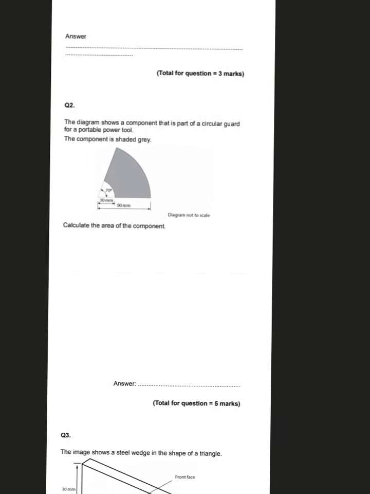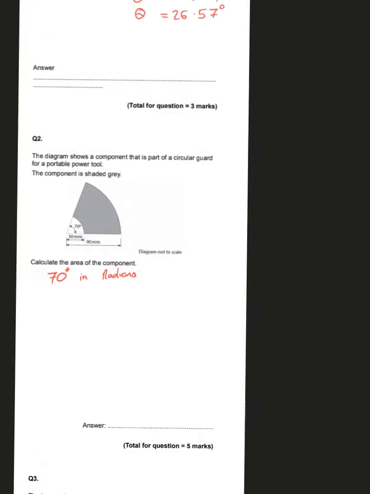First of all, let's get this angle into radians. So 70 degrees in radians. And even if you don't memorize the formula, so it can be pi over 180, it's also given to you in the formula book.